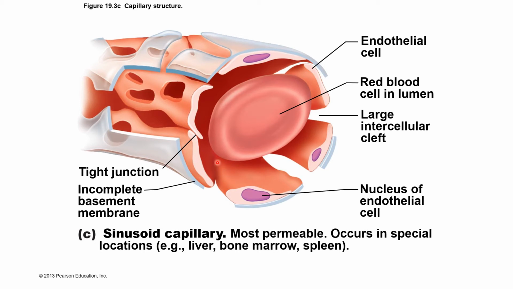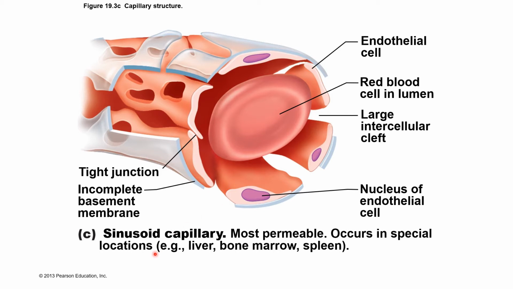And so that means that those capillaries can actually allow pretty large things to pass through, meaning cells. Usually not red blood cells, but white blood cells, the ones that are going to help you fight off infections. They're actually going to be able to exit completely out of those sinusoid capillaries.